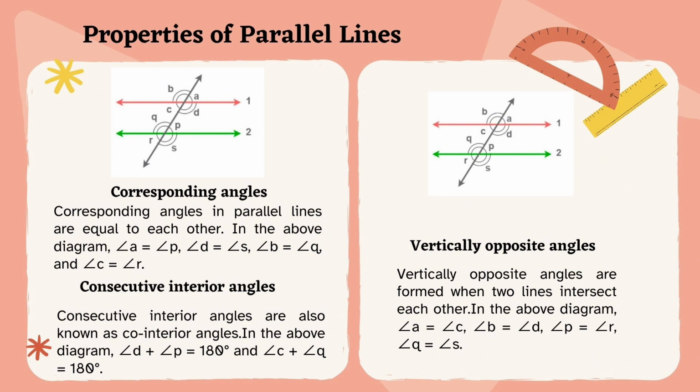Vertical opposite angles. Vertical opposite angles are formed when two lines intersect each other. In the above diagram, angle A equals angle C, angle B equals angle D, angle P equals angle R, angle Q equals angle S.